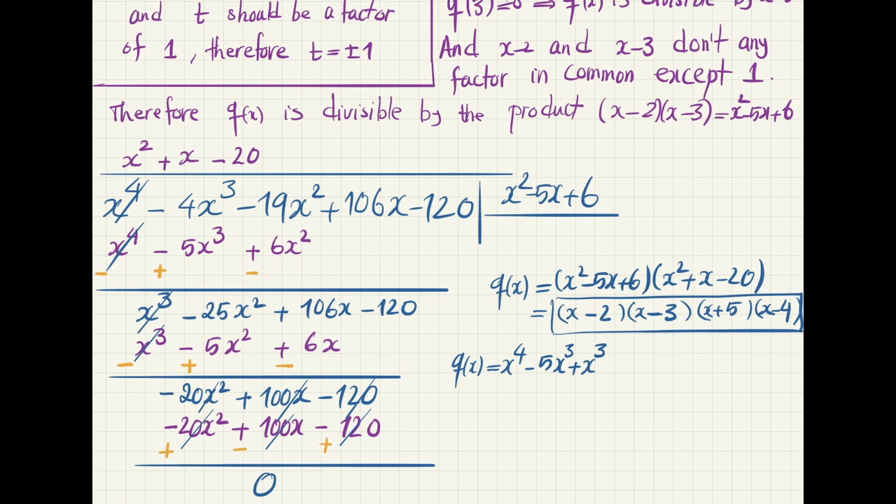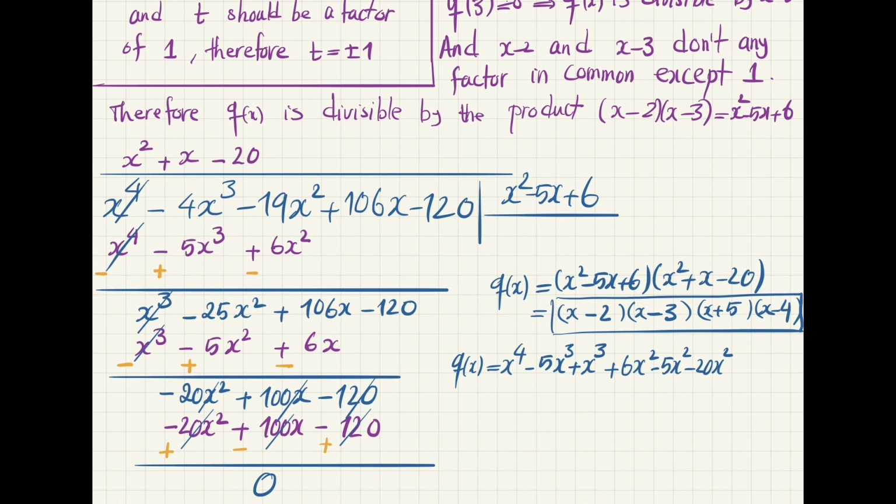So instead of minus 19x squared, I would write positive 6x squared minus 25x squared, but minus 25x squared itself is minus 5x squared minus 20x squared. So it's minus 5x squared minus 20x squared. Yes.